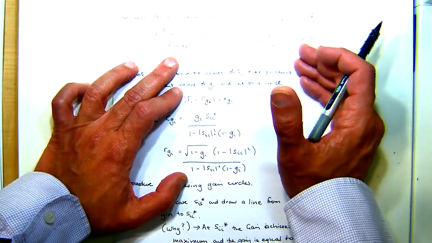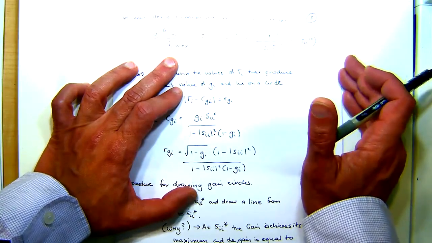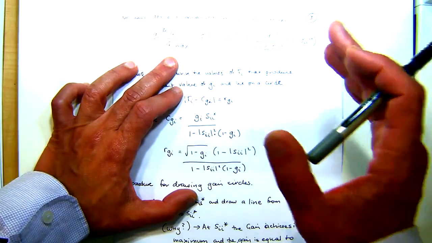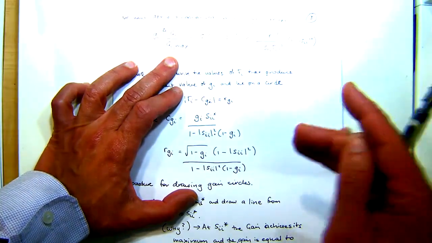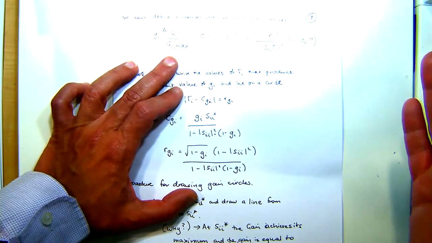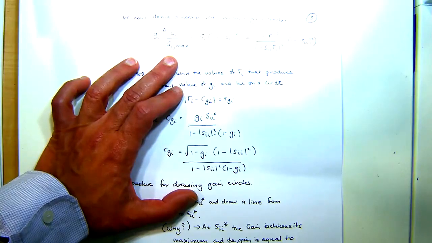You might ask yourself, why is Stan doing this? There are multiple reasons that you might not always want maximum gain. Can anyone tell me of a situation in a transceiver, if you're building a transceiver, when you don't want maximum gain?